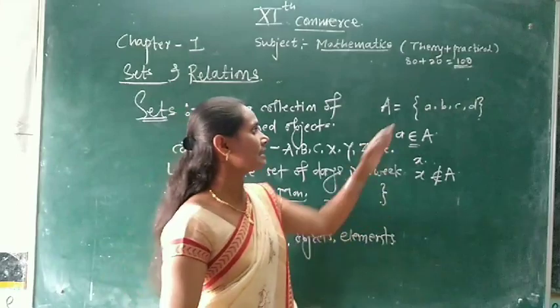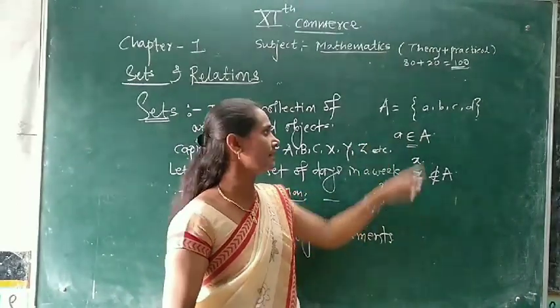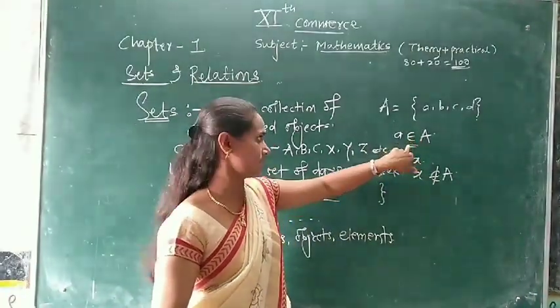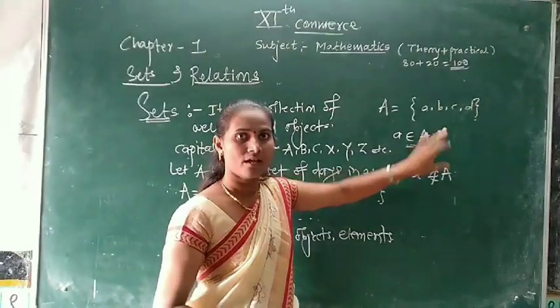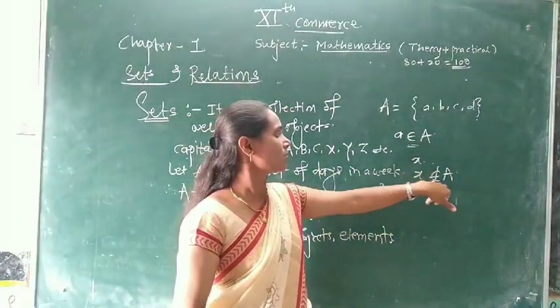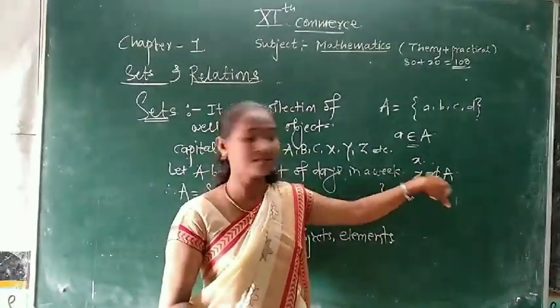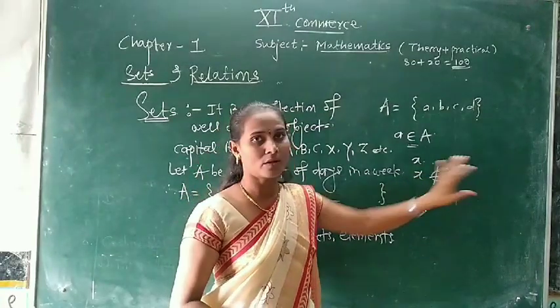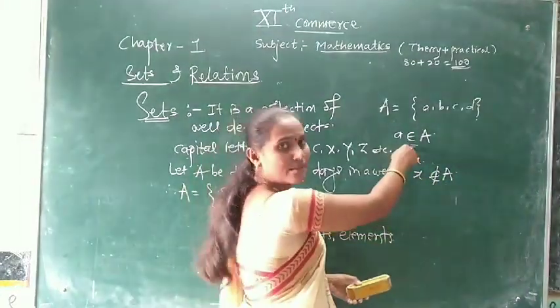If the element is in the set A, it can be written as a belongs to A. If the element does not belong to this set, then I write x does not belong to A. This is in symbolic form.